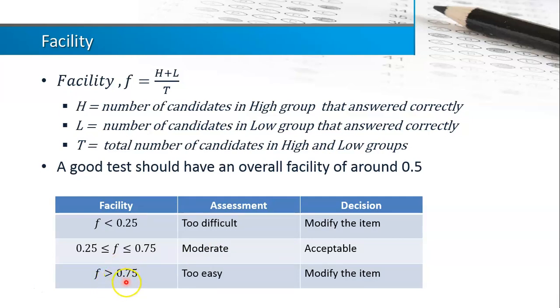If the F is above 0.75, we can say the item is too easy. We may want to modify the item. If it's a multiple choice question, you have to look into the question again, whether something is wrong there or the item is too obvious, and so on.